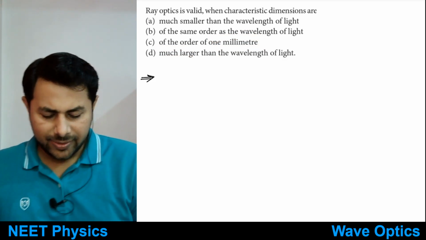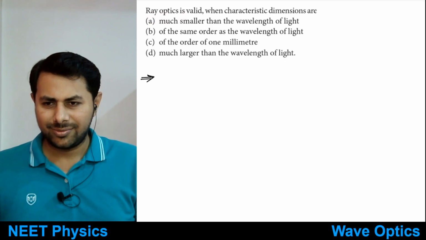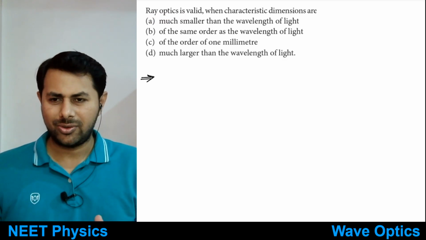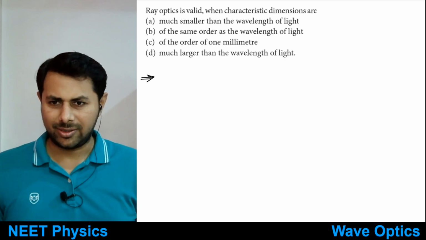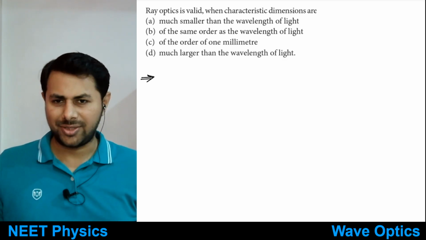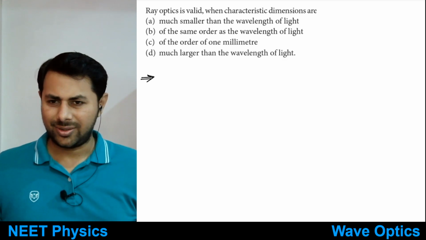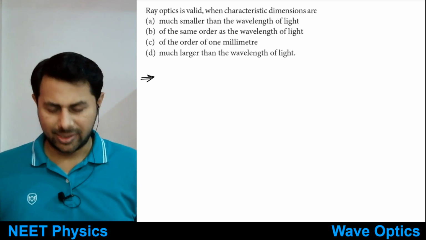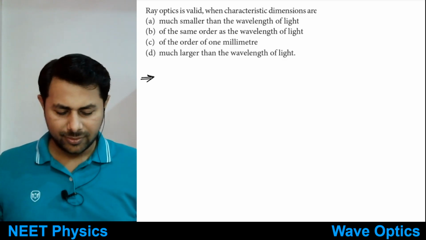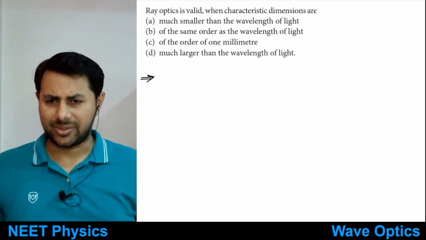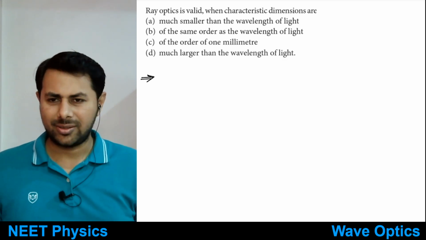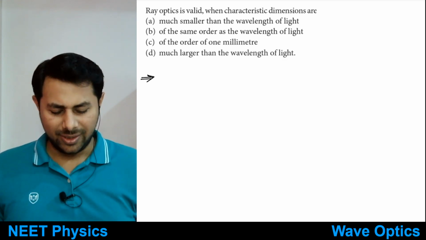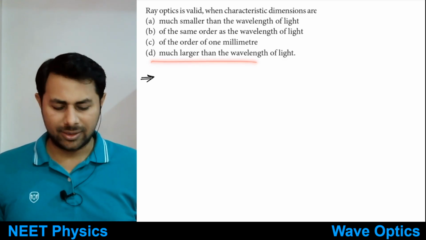Ray optics is valid, that means wave optics is not valid, and we will imagine that light is made up of rays only, disregarding their wave nature. When can we do that? When don't we need to care about the wave nature of light? The answer is option D, much larger than the wavelength of light.